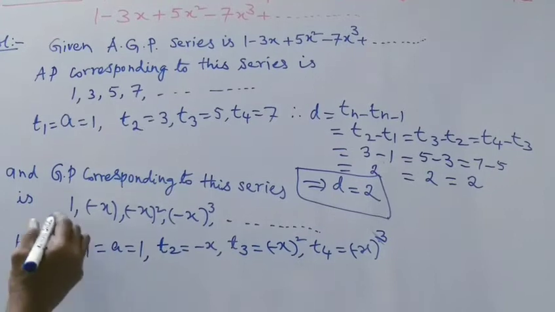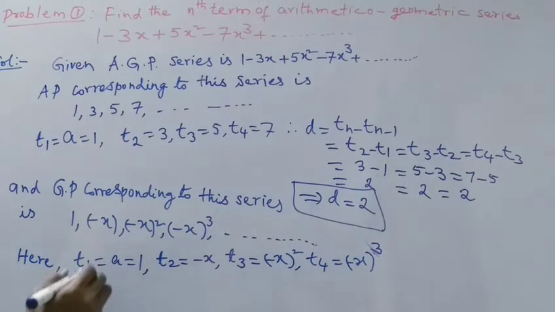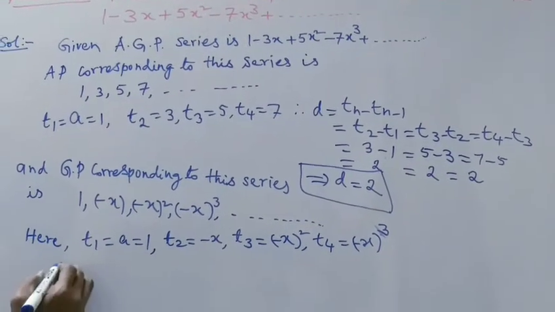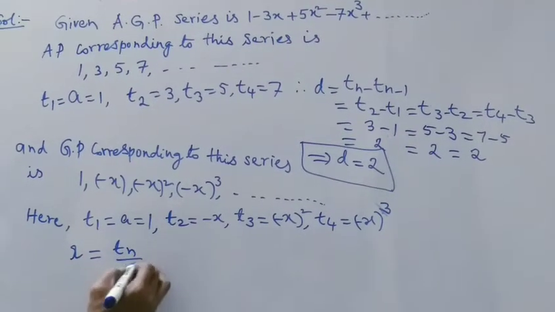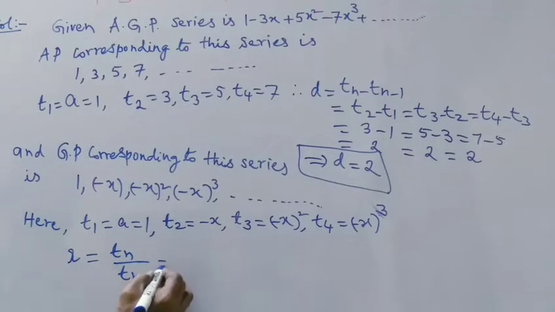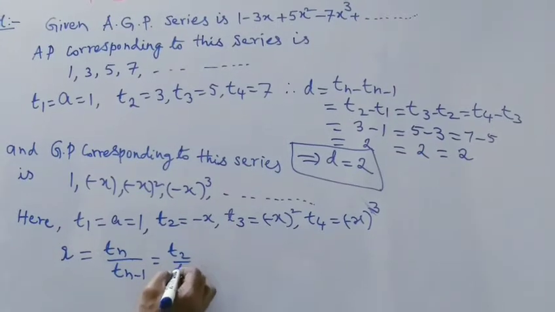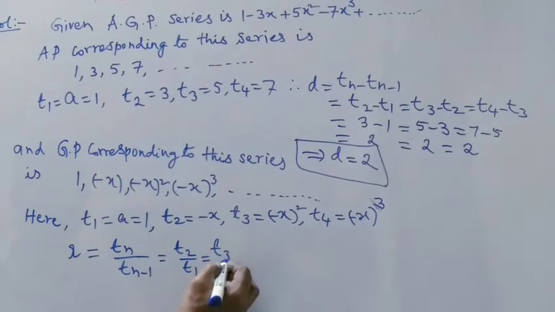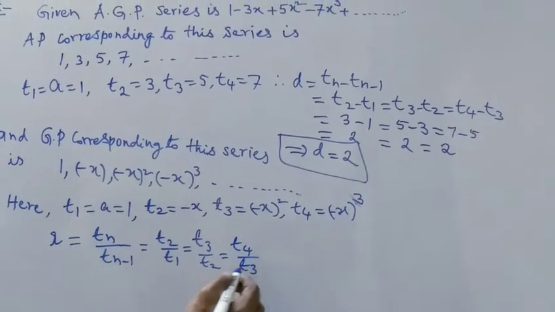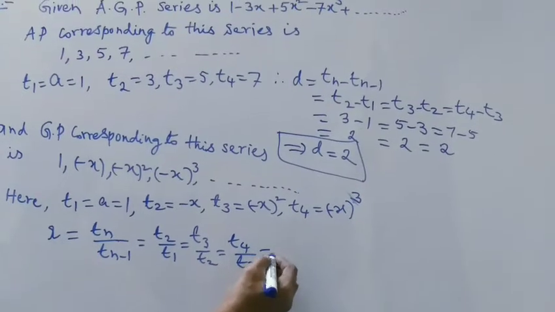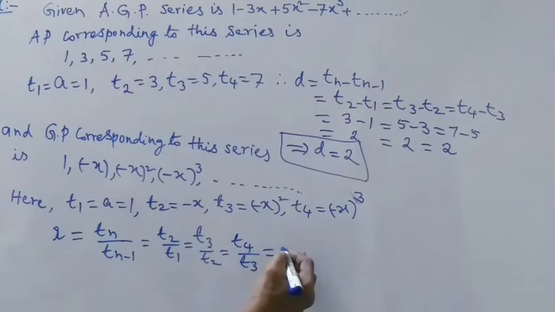So it is a geometric progression. In the geometric progression, we have to find the common ratio of these terms. The common ratio r is equal to Tn by Tn minus 1, that is, T2 by T1 is equal to T3 by T2 is equal to T4 by T3.